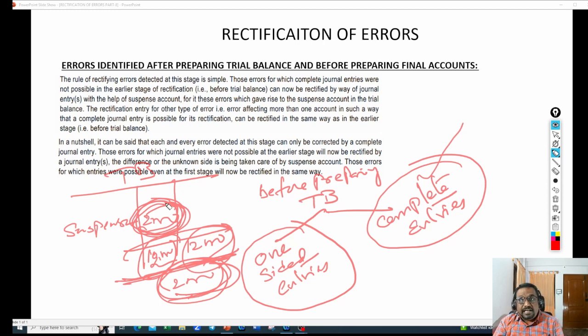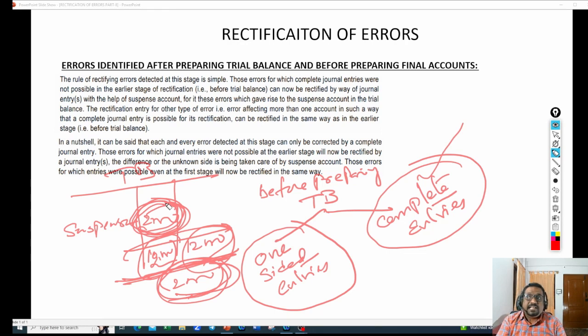Whereas in first stage, you did not even prepare the trial balance. Since you did not prepare the trial balance, where is the question of difference identified? Where is the question of the difference being posted to suspense account? That scenario did not arise at all in first stage because trial balance is not prepared.